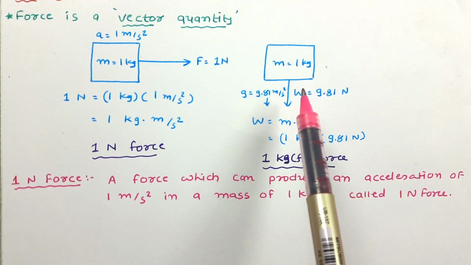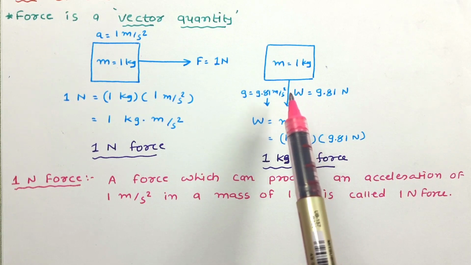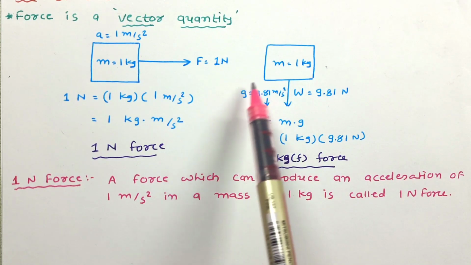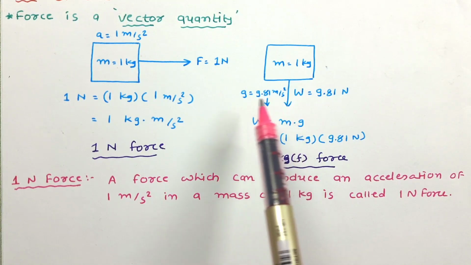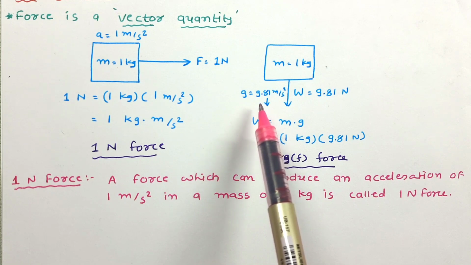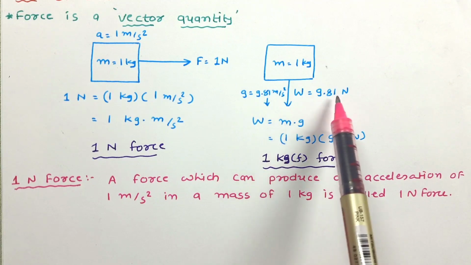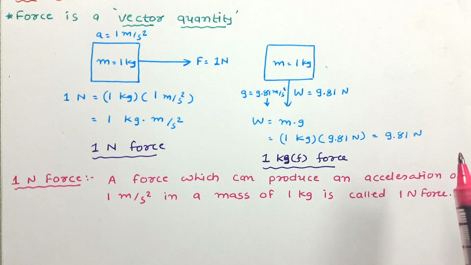If we want to define 1 kgf force, we can define it as a force which can produce an acceleration of g meter per second square, that is gravitational acceleration, in a mass of 1 kg. It is called 1 kgf force. So we can say it is 9.81 Newton. Now let us define it.